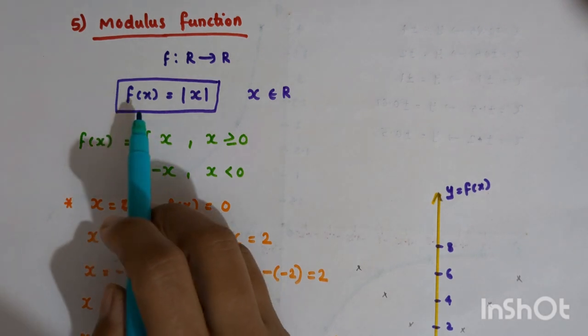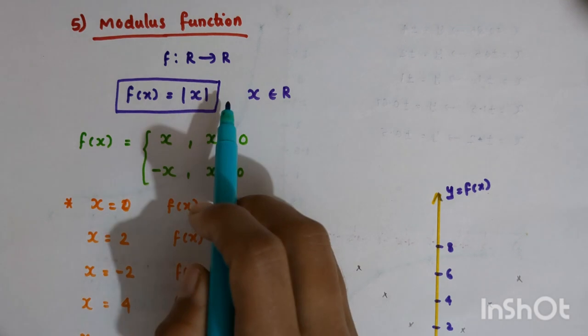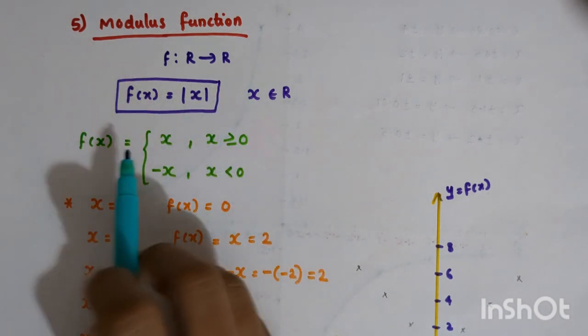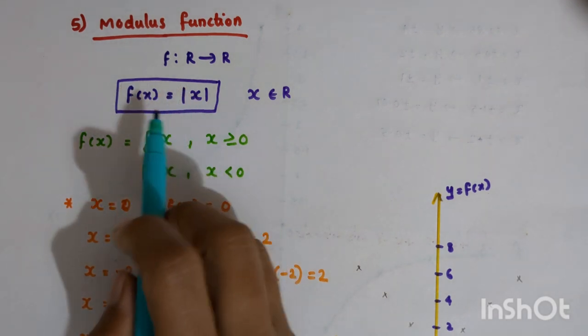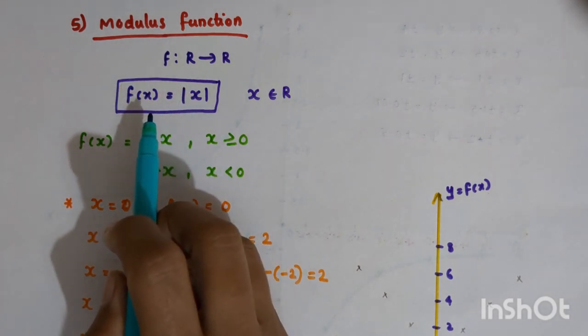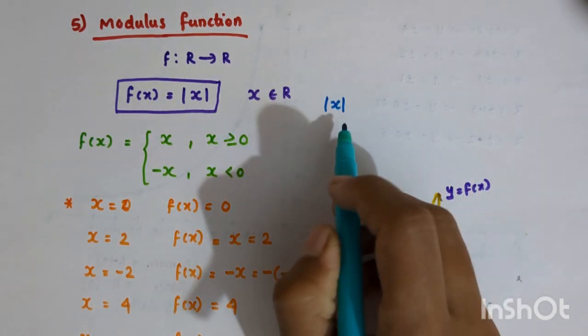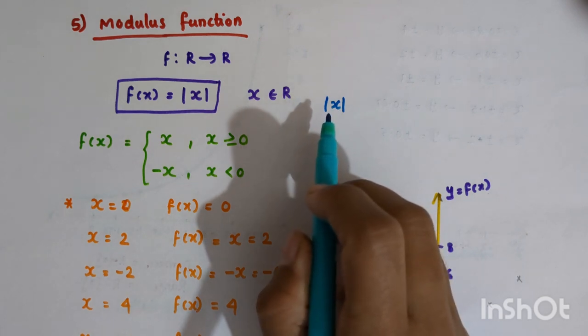That is, the function of the form f of x equals mod x, where x is a real number, is defined as the modulus function. So the function of the form f of x equals mod x is a modulus function. This mod x, or modulus of x, actually gives a positive value whether x is positive or negative.